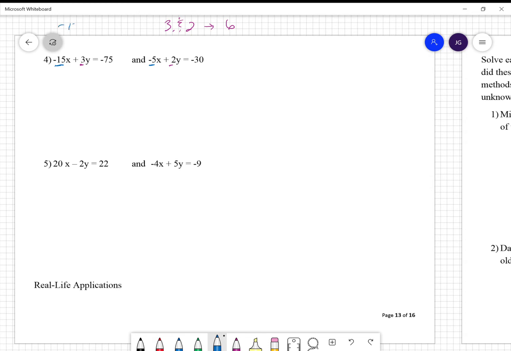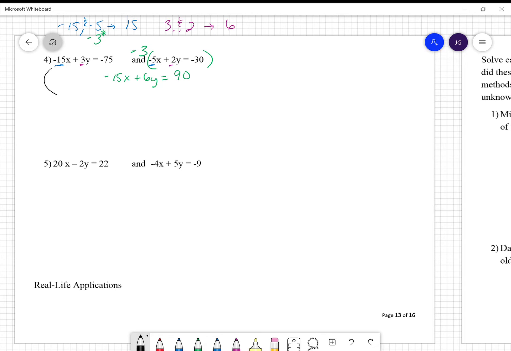For negative 15 and negative 5, the LCM is 15, so I only have to multiply 5 by 3. And since 15 is already negative, I want to multiply negative 5 by negative 3 so that I get a positive 15, so they'll cancel. So I'm going to multiply this second equation by negative 3. I get negative 15x plus 6y equals 90.